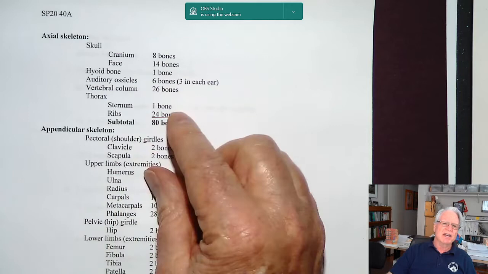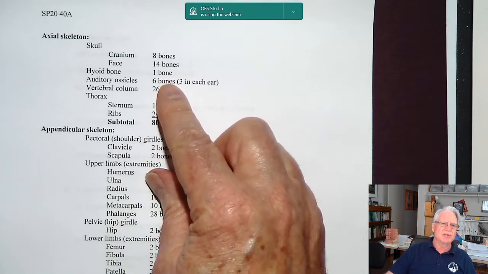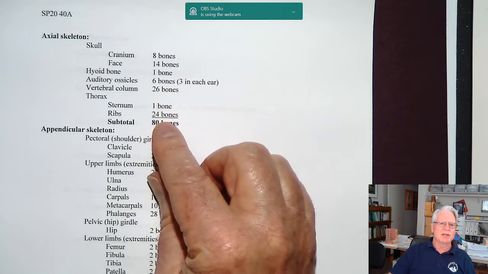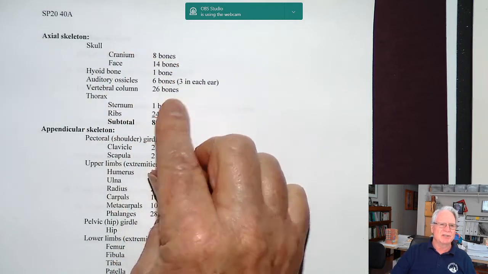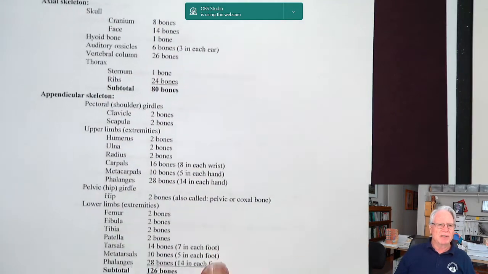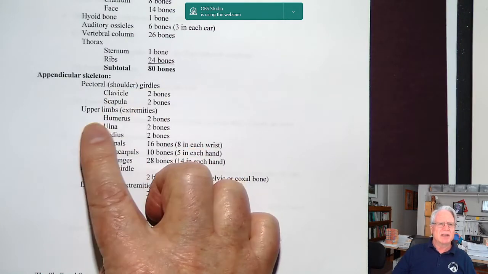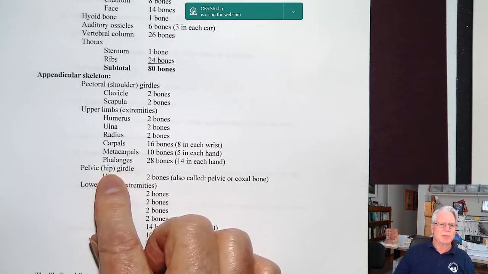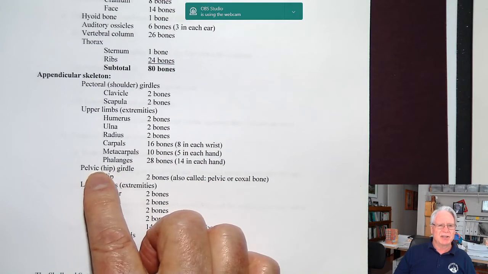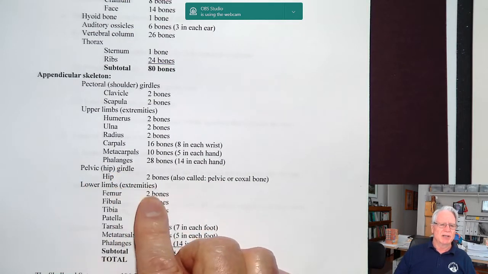And then in the second presentation, I'm going to cover the vertebral column, the sternum, and the ribs, and that will finish up the axial skeleton. Then, in further presentations, I will do the pectoral girdle and the upper limbs. And then another presentation, pelvic girdle, and the lower limbs.